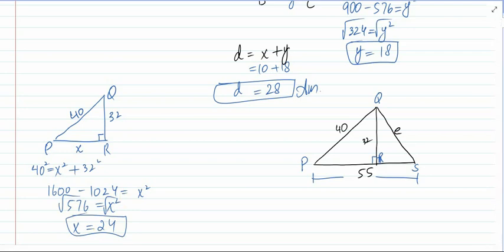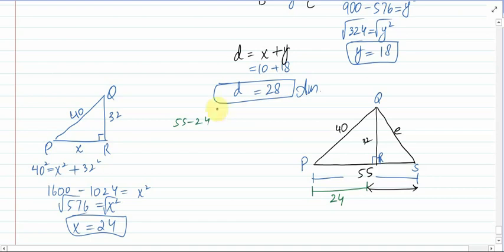That means if you see in our figure, from this line to this line the length is 24. Now we can find out the length of R till S simply by subtracting 24 from 55. So 55 minus 24 is 31. That means this length is 31.